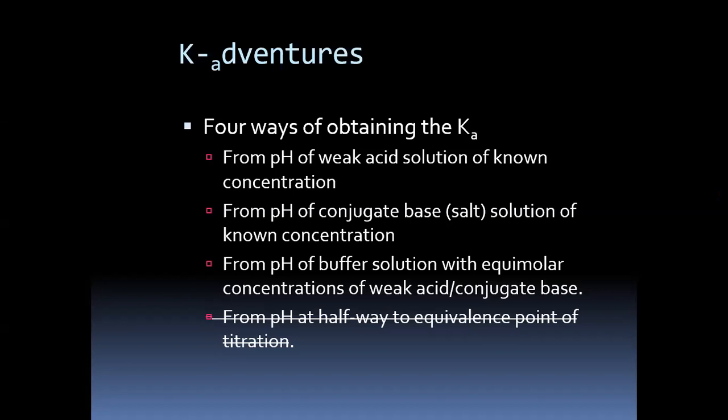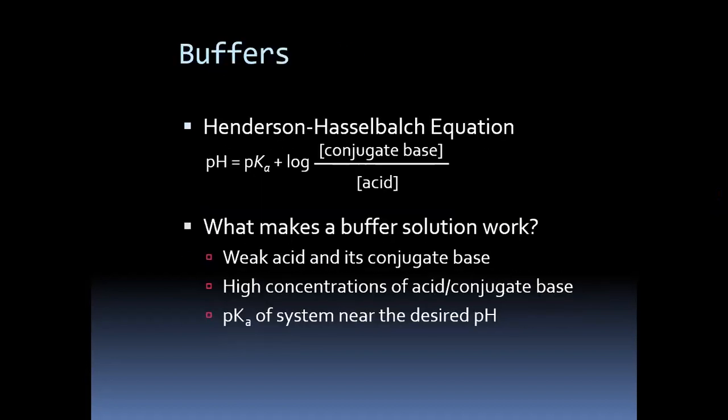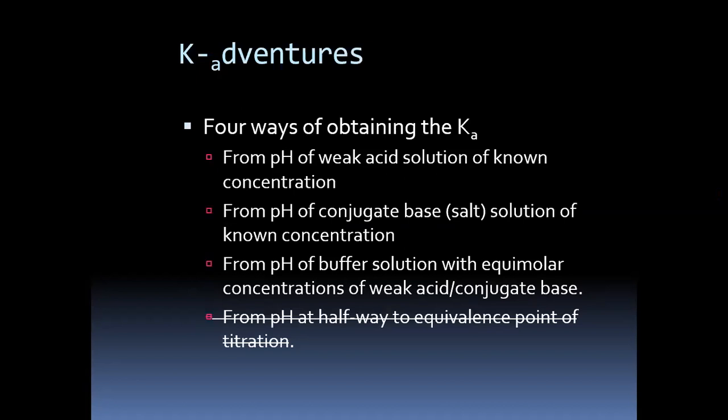We also said that for a buffer solution that has equimolar concentrations of the weak acid and base, according to the Henderson-Hasselbalch equation, if the base to acid ratio is 1, that means that log of base over acid equals 0, and therefore the pH is the pK, and you can get the Ka from there.